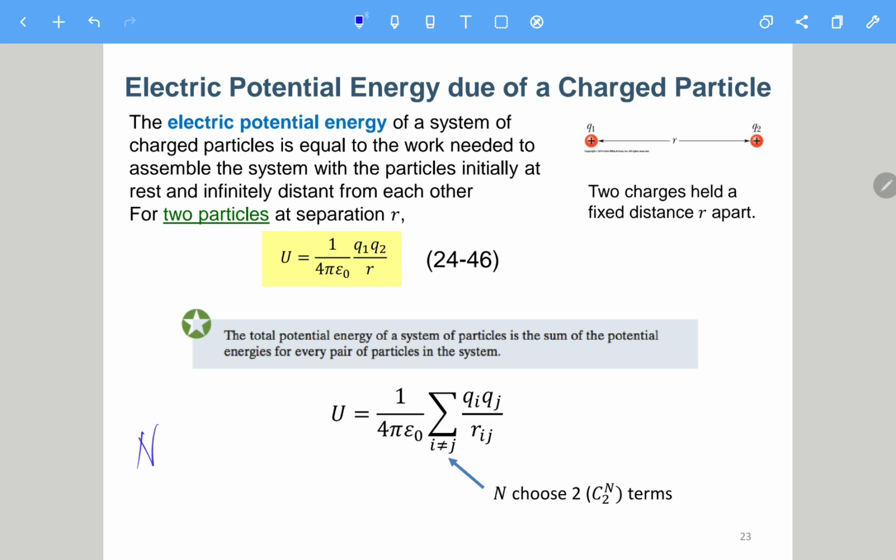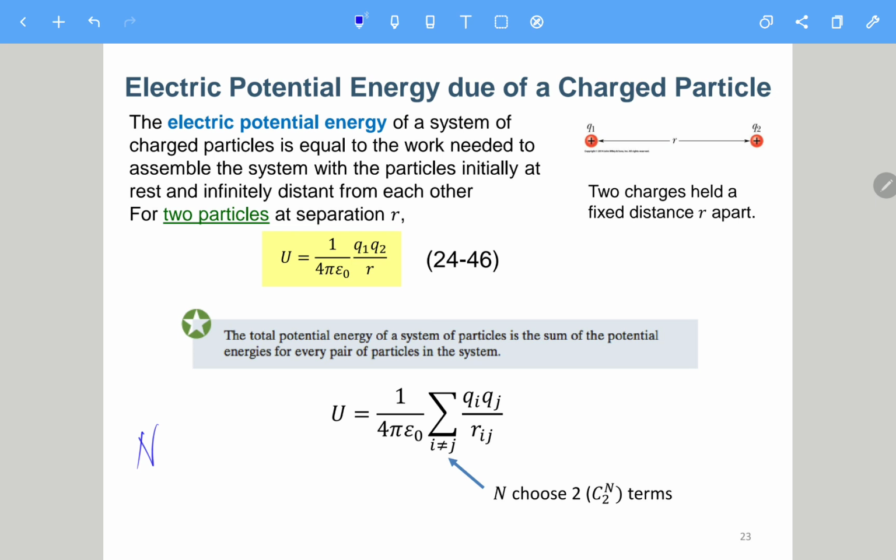Which means that originally in the system there is nothing, there is no charge at all, and then if we have n charges, we try to put one there. When you put the first one, you don't need to do any work because there is no E field at the very beginning. And then when you try to do the second one, you need to do work because the first one is there and it already generates some E field. So if you try to move a charge near it, you need to do some work, and so on and so forth. If you put the third charge there, then the first and second charges generate some E fields, and when they add together, you need to do more work.